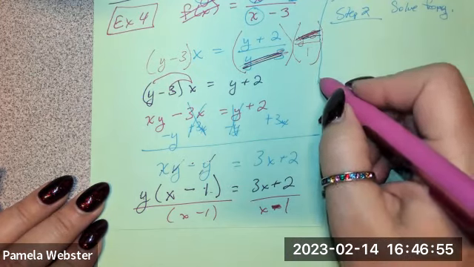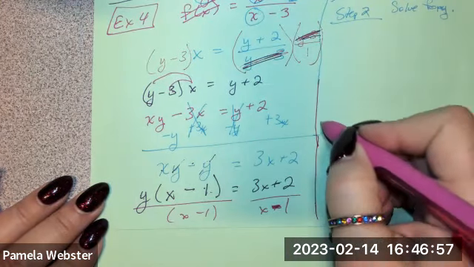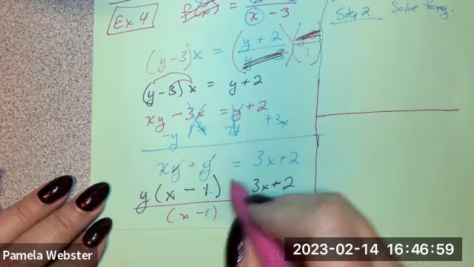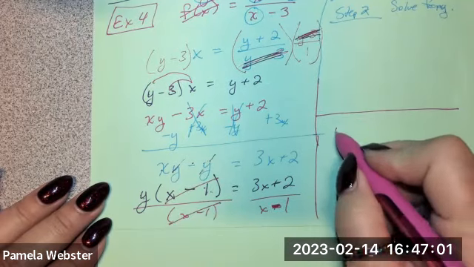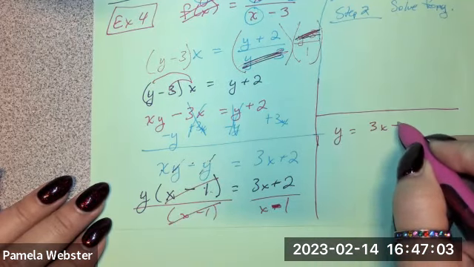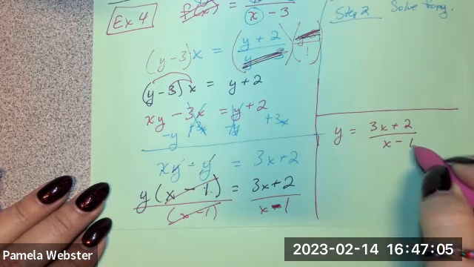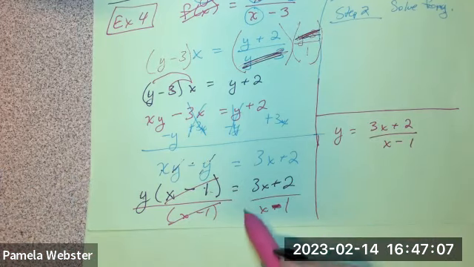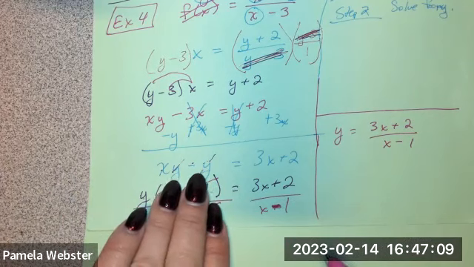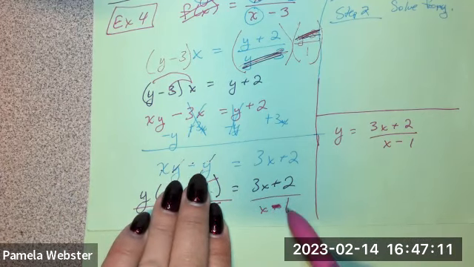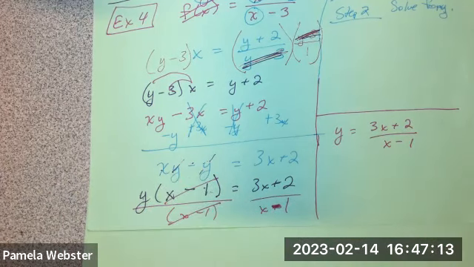And I don't want to go onto another sheet of paper, so I'm going to go right up here. Okay, so what I've got, these 2 go away. y equals 3x plus 2 over x minus 1. Okay, just taking that, these went away, cover them up. y equals all of this stuff. Okay, good.